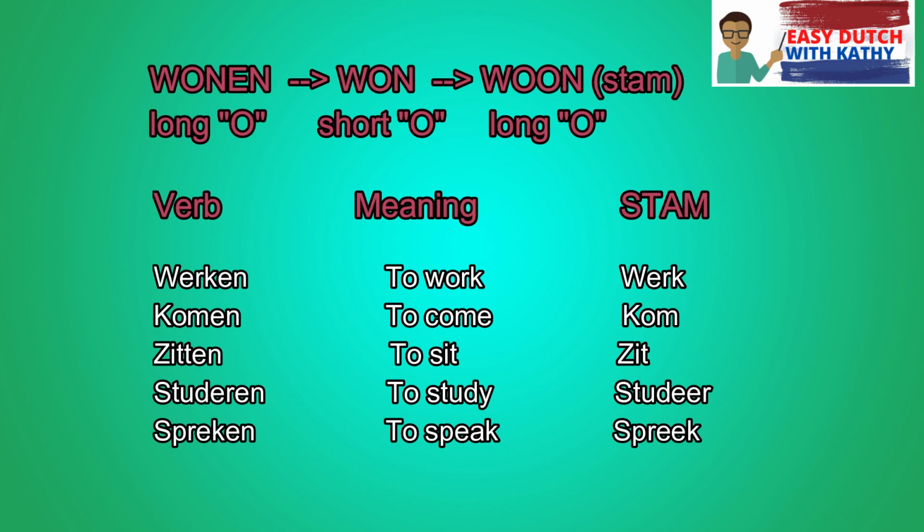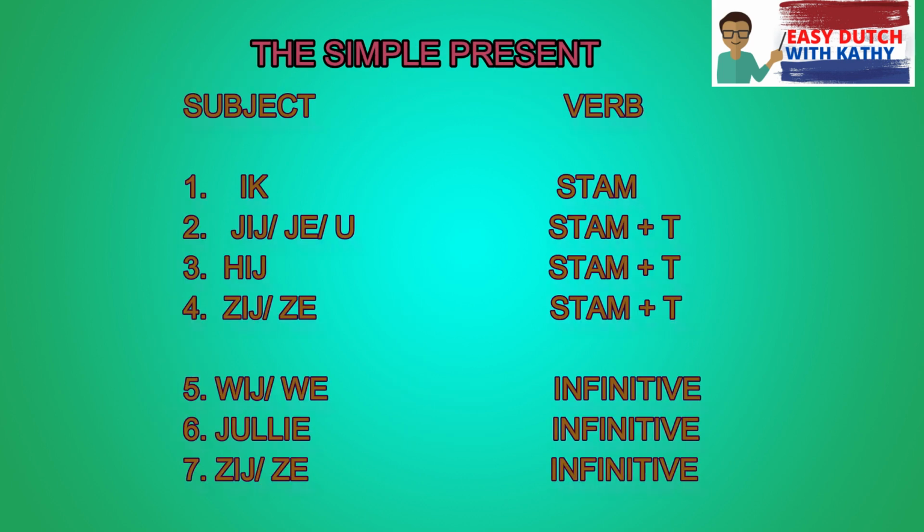So now we are ready to move to the next grammar point, the simple present. You could see on the left side we have subjects, on the right side are the verbs following the subject. So number 1, ik, means I. You just put the stem in, then you already have a verb in the simple present.